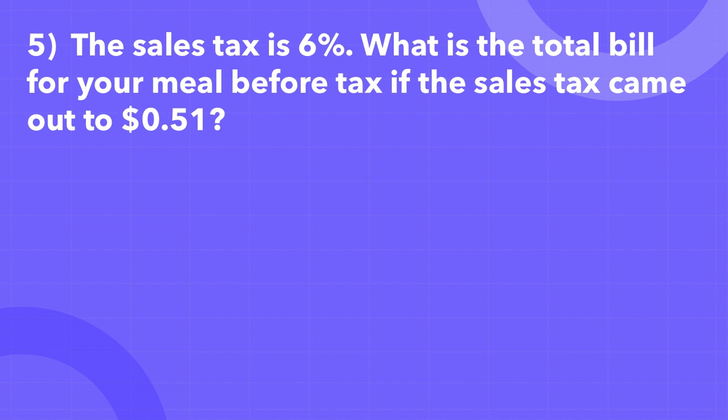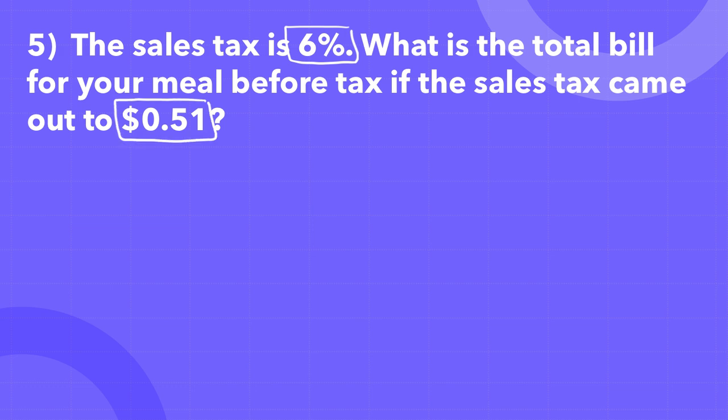Okay, folks, let's look at question number 5. I gave you question 5 specifically because it was not asking for the part. It gives you the 6%, so that's automatically the percent. And it gives you 51 cents.